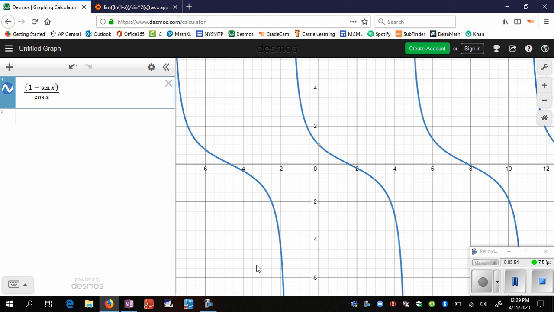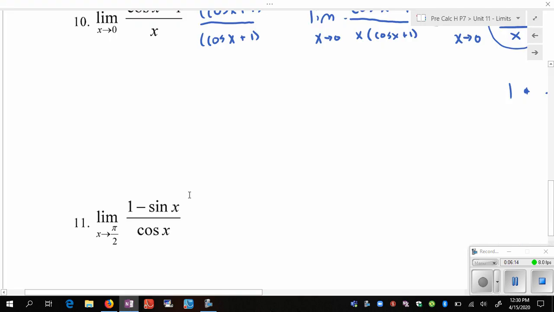And we're trying to figure out what's happening at pi over 2, which, if I had to guess, is probably this point right there. 1.56 is half pi-ish. So you can see it's approaching 0. So then the answer for this one is also 0.